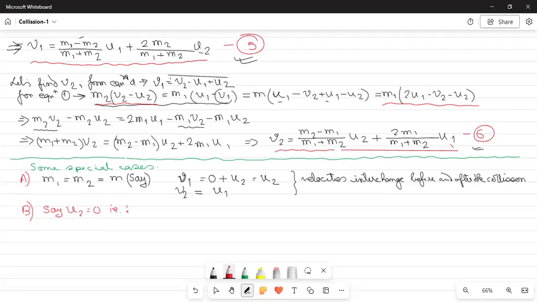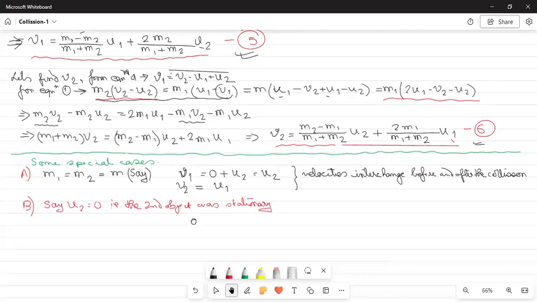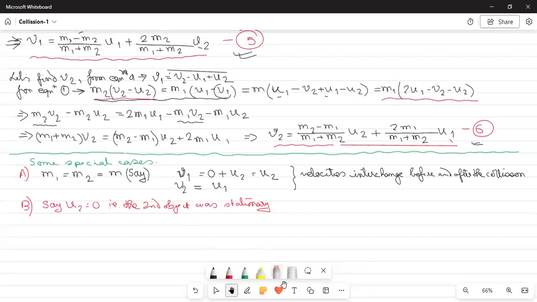That is, the second object, object m2, was stationary, and the object m1 just came and hit it. Then what happens?